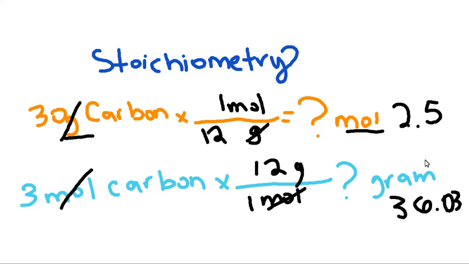And this is the same way that you would do stoichiometry in your more advanced classes. You can choose to do it all the way across your paper, or you can do it step by step. Just the general concept is, okay, what do I have? What do I want? And then what can I cross out from what I began with to get what I want? And that's what we did here.